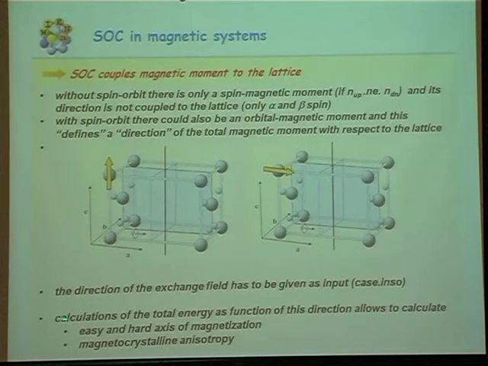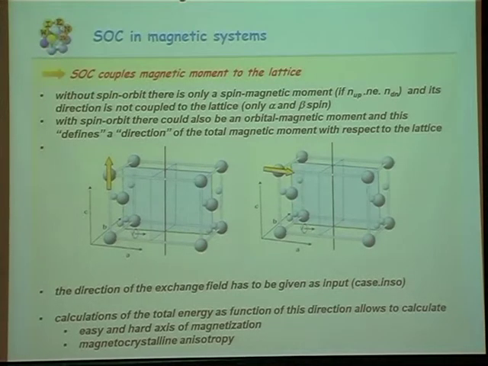Such calculations as a function of the direction allow you to calculate what is called the easy or the hard axis of magnetization. That means in which direction the spontaneous magnetic moment wants to point, and what energy does it cost, that's the magnetocrystalline anisotropy. How much energy, or which external magnetic field, do I have to apply to flip the moment from this direction to another direction?